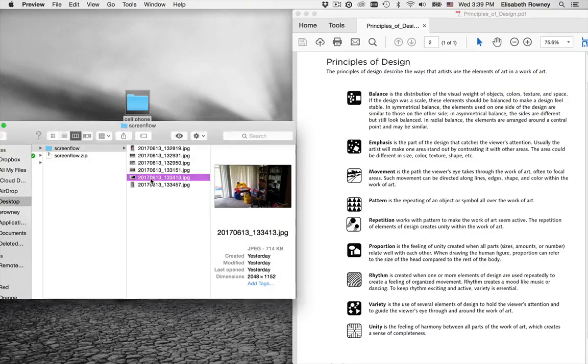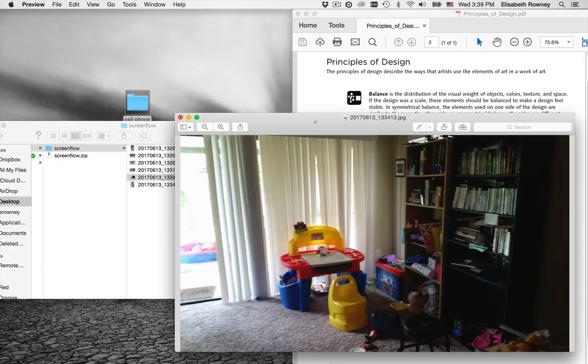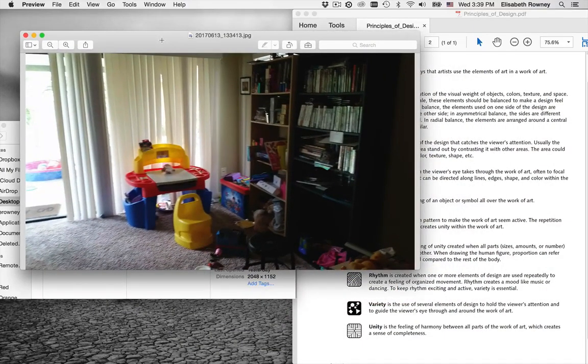Now, what I do not want to see, guys, is a shot like this. Okay? For one, it's out of focus. Okay? So right there, you would lose points. And then, what in the world are you trying to show me? Okay?